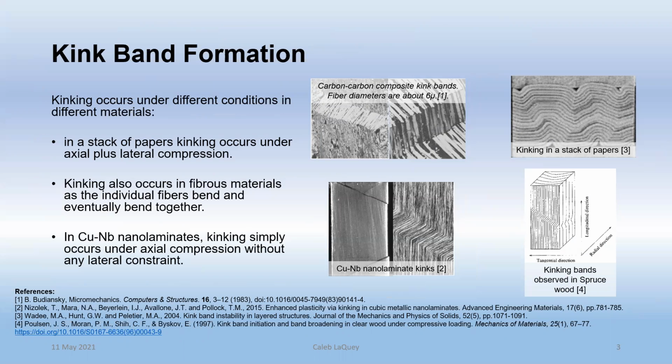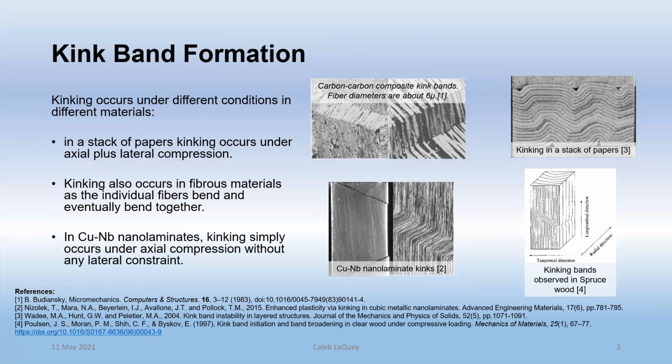So for instance, kinking occurs in a stack of papers under both axial and lateral compression. Kinking occurs in fibrous materials as the individual fibers bend and eventually bend together. So one of the things to note with this is that kinking often occurs in composite materials, as the fibrous material in the composite kinks because it is constrained, because it cannot buckle due to the constraints of the surrounding material in the composite.